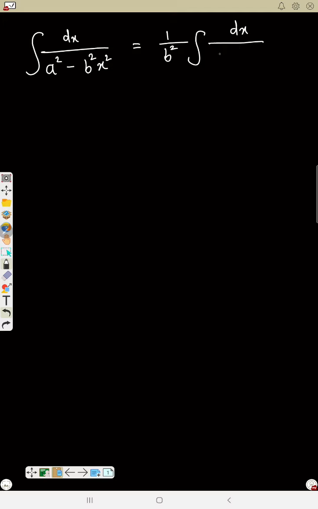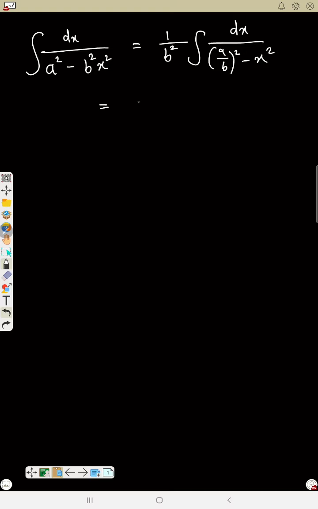We can say the integral of ds divided by a squared minus b squared s squared. Generally, this can be 1 over b squared times the integral of ds divided by (a over b) squared minus s squared.